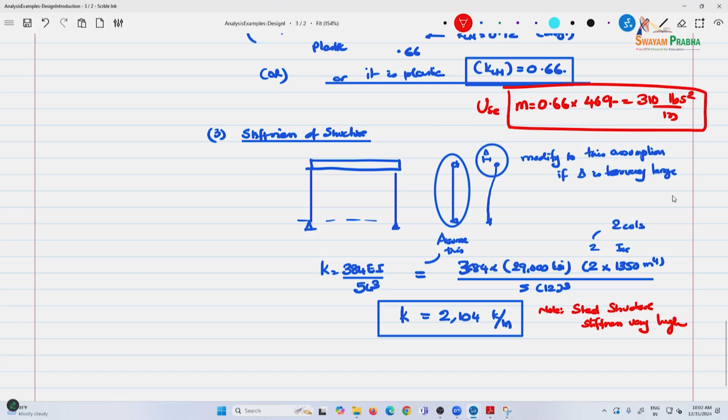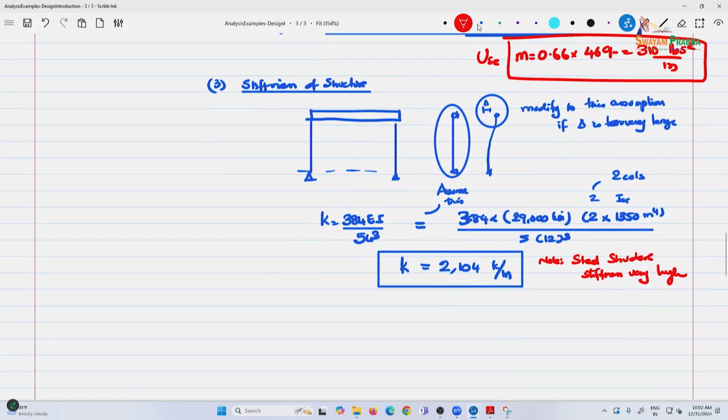Yesterday the time period was 66 milliseconds. So the fourth characteristic we'll look at is calculating Tn, the natural time period. So Tn is 2 pi square root of me by ke. So here it is 2 pi, me was 3, yeah, this is m by k.